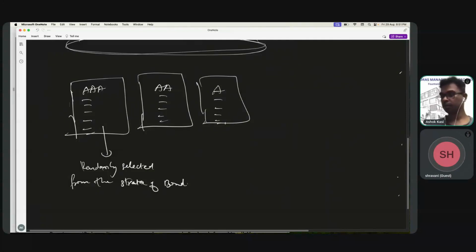Everything will have its own plus minus points, because the best method might be very costly, so one may not want to go with the best method. Best is what? Go with the population data. That means check everywhere, but that might be very time consuming, as well as money. More money will be involved in it.